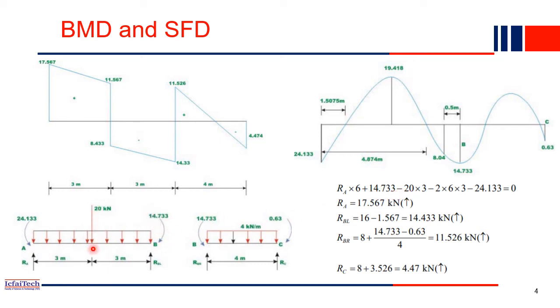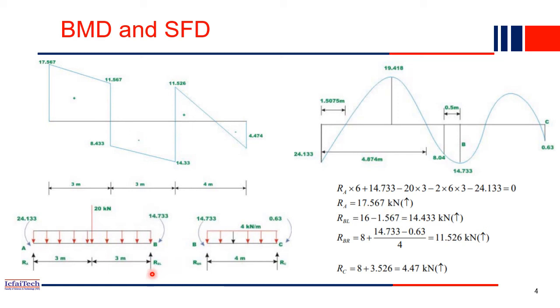Then you have the moment because of this concentrated load, which is 20 into 3, so minus 20 into 3 because the direction here is anti-clockwise. Now you have another anti-clockwise moment, 24.133, so minus 24.133. And the UDL is also acting, so the UDL is WL into L by 2. You put this and from here you find RA, the vertical reaction at A, which is nothing but 17.567.